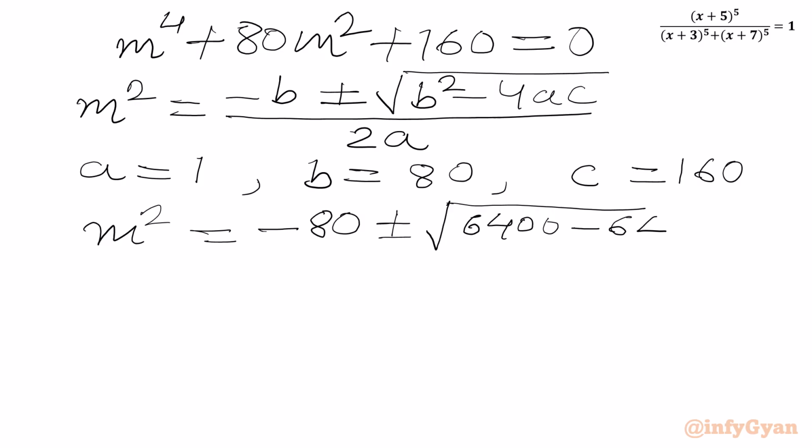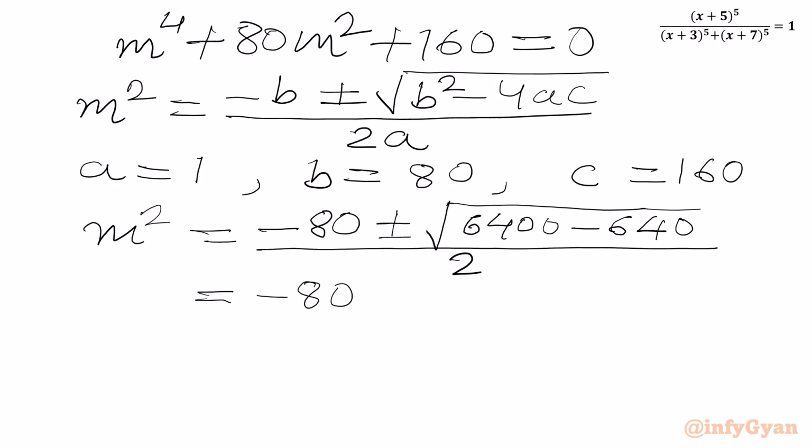This will come out 640, over 2 times 1 is 2. Now we can write minus 80 plus minus square root 6400 minus 640 is 5760, and we can take common out. So in the other square root we will write 64 times 90, over 2.